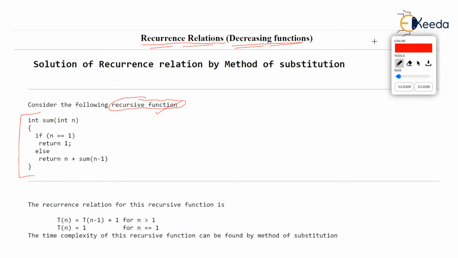Now let's start. There is a recursive function given which is named as sum. You observe sum has a parameter int n, and sum is a recursive function because within the body of the sum function there is a call to sum again. I missed out a semicolon here, sorry. Just assume semicolon here.